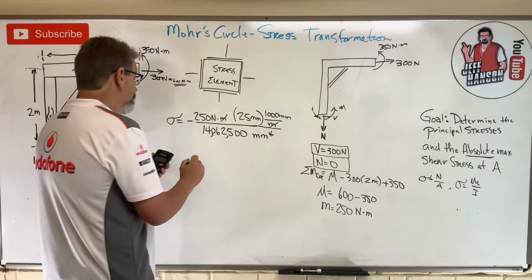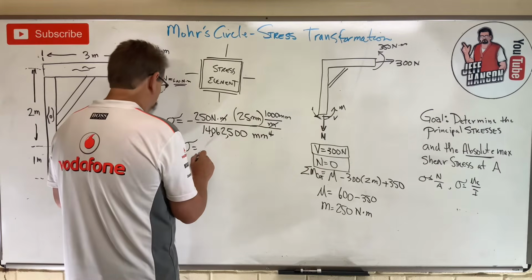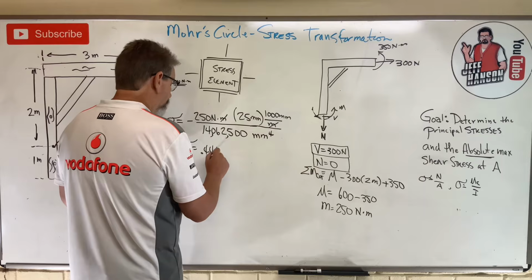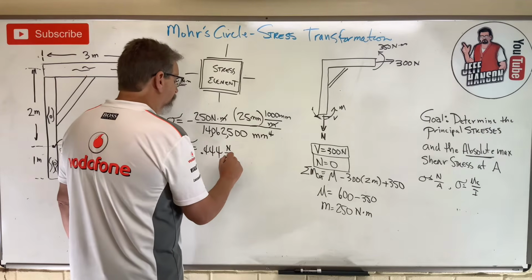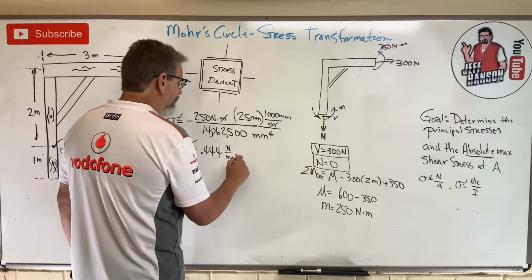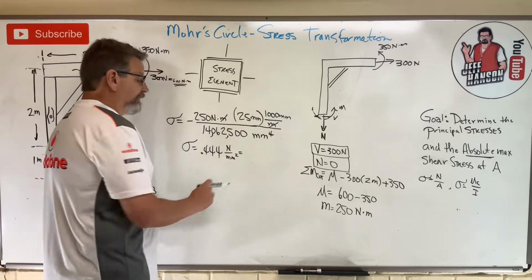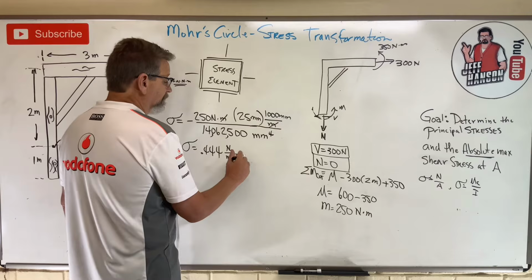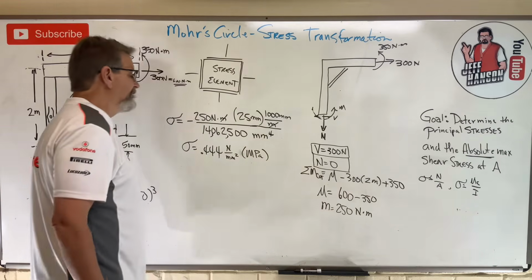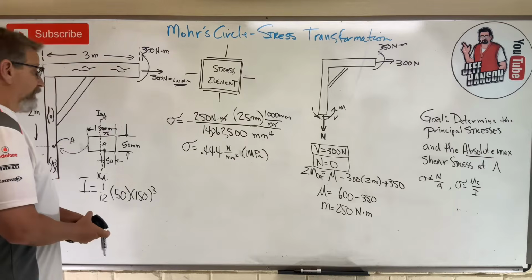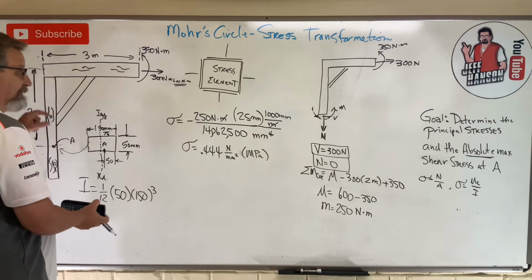Boom. Sigma equals 0.444, and then what is that? That's newtons over millimeters squared, which is equal to, what is newtons over millimeters squared? That's a megapascal, isn't it? Okay? So, in other words, point A is being compressed.